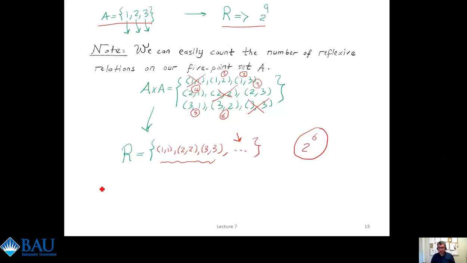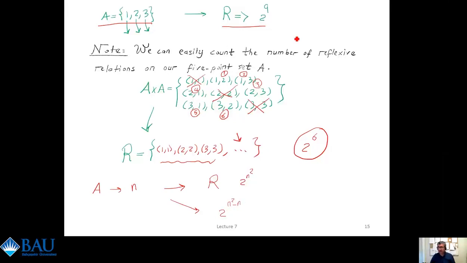Now let us write it in general. In a set A, if we have n elements, how many relations can you define? 2 to the power n squared. How many of them are reflexive? 2 to the power n squared minus n.